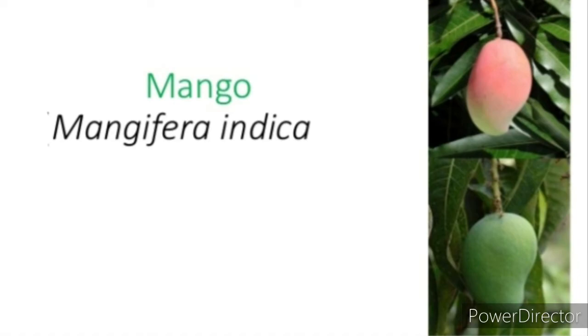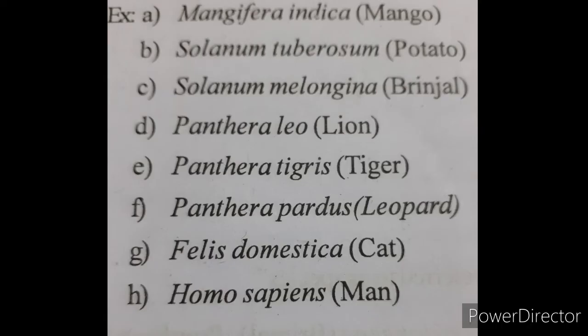Let us consider Mangifera indica, Solanum tuberosum, potato, and Panthera leo, the lion. All three names, indica, tuberosum and leo, represent the species name, while the first words Mangifera, Solanum and Panthera are the generic or genus names and represent another higher level of taxon or category.